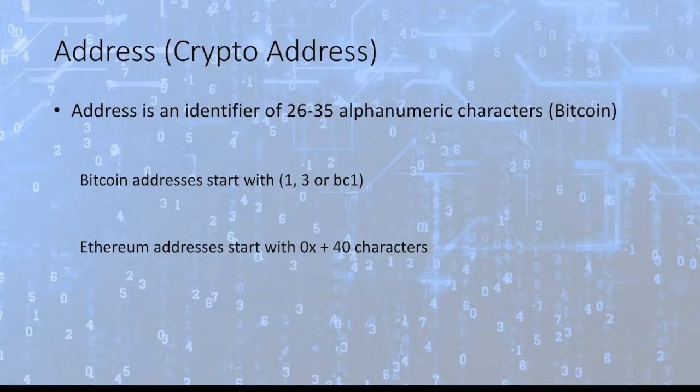It's almost the same as your bank account. So when you want to receive money, you give that person your bank account number and they'll send money to that bank account. The same thing with Bitcoin and Ethereum addresses. If you're trying to receive some Ethereum, you give them your public address and then they'll send coins to that address.